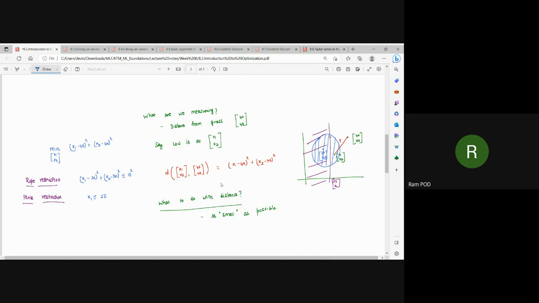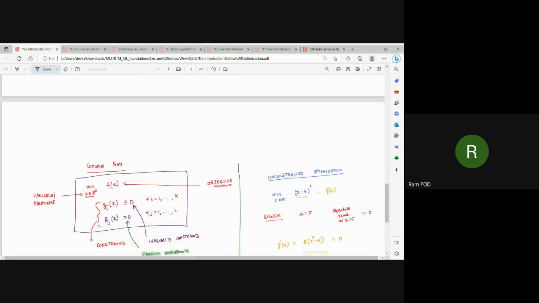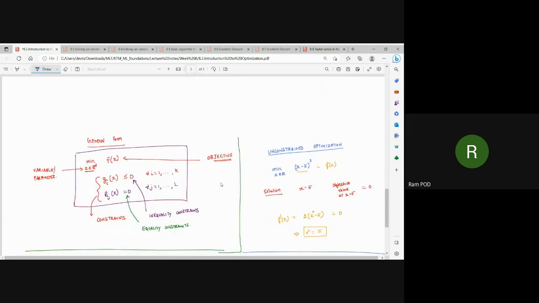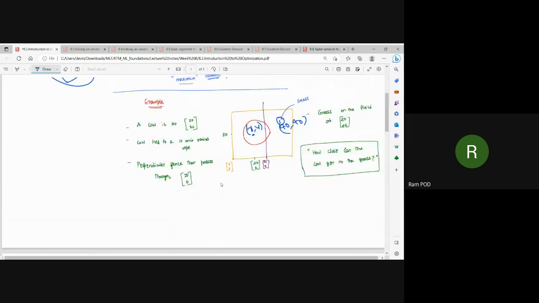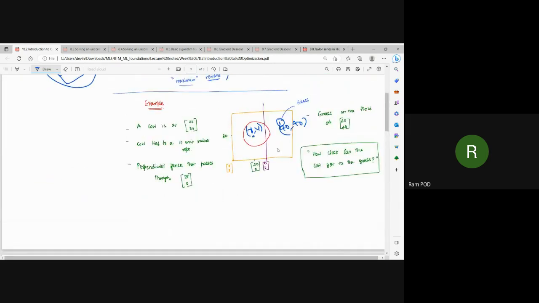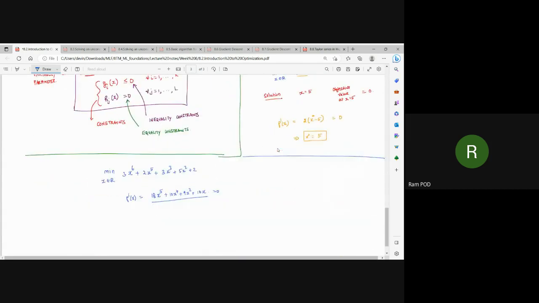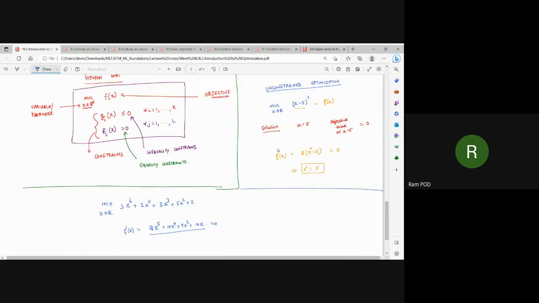In general, for any optimization problem there is an objective function which you want to minimize or maximize, along a variable or parameter. In this curve problem, the variable is x, y, that is the curve's position. Then there could be constraints also, inequality constraints or equality constraints.